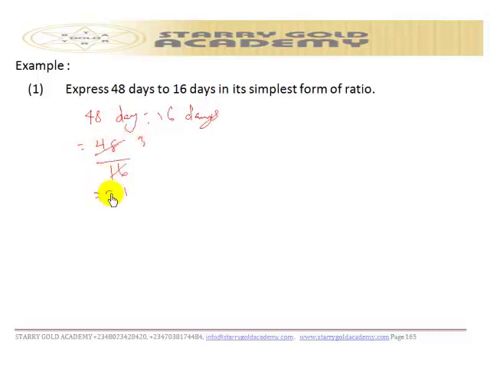So you have 3 over 1, 3 ratio 1. So the simplest form of the ratio of 48 days to 16 days, you can say 3 days to 1 day. In other words, 48 days to 16 days is as equal as saying 3 days to 1 day.